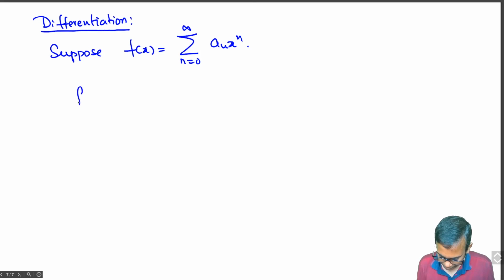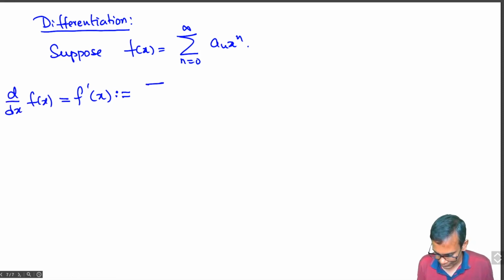Then I define f prime of x, sometimes also called d/dx f(x), to be the formal power series, sum n greater than or equal to 0 of (n+1) a_{n+1} x^n.